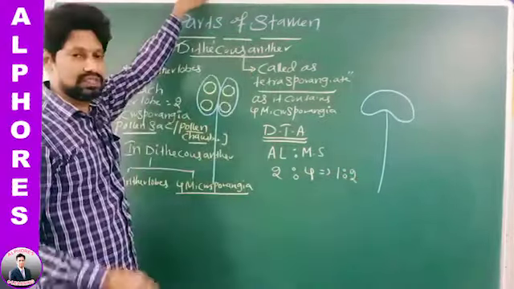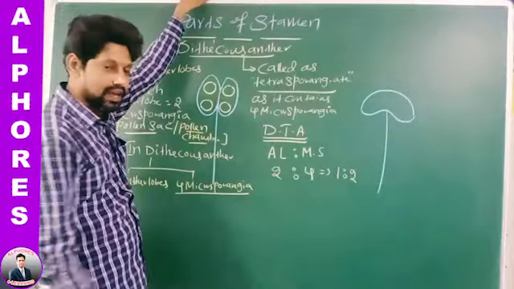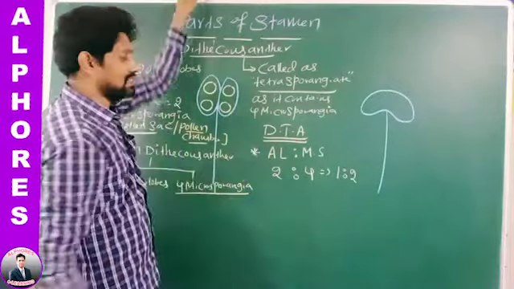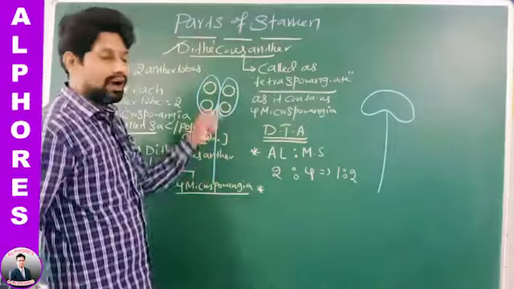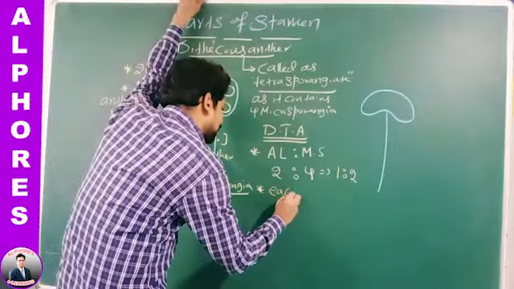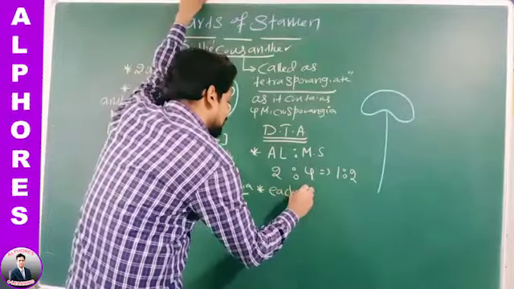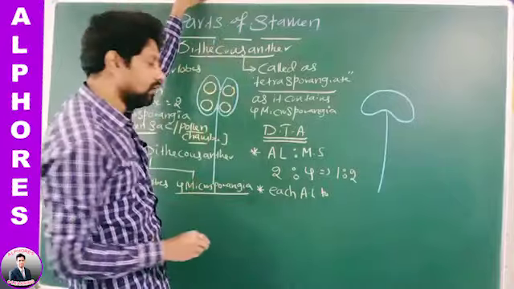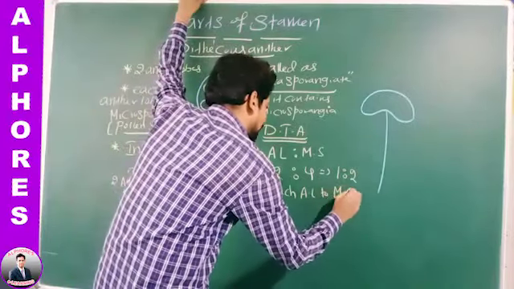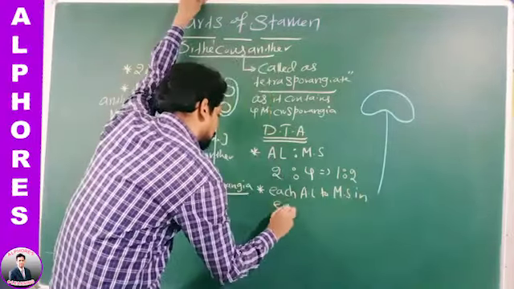Okay, right. In a dithecous anther, what is the ratio between each anther lobe and the microsporangia in each anther lobe?